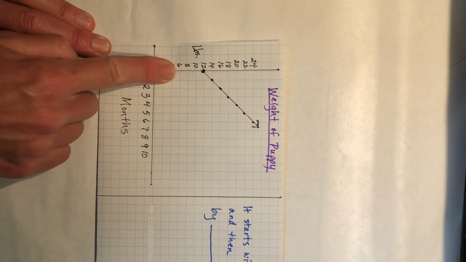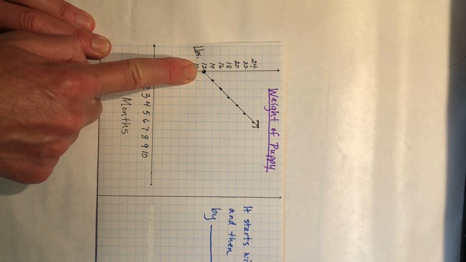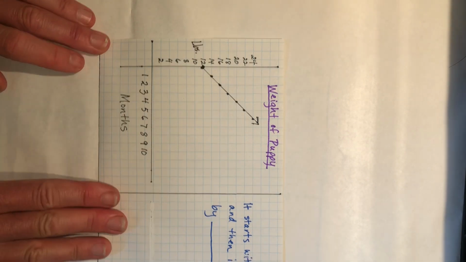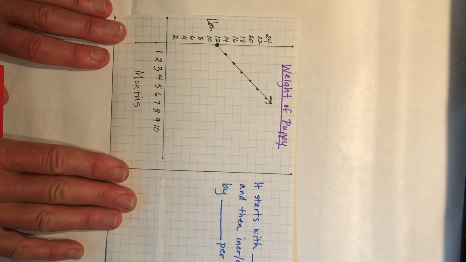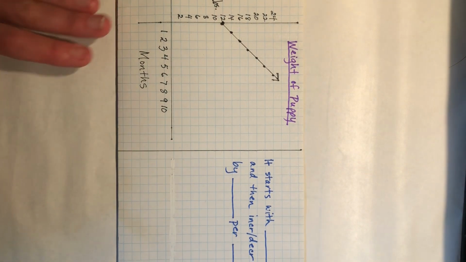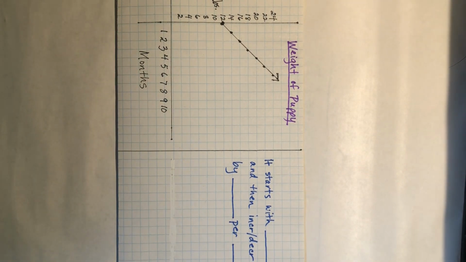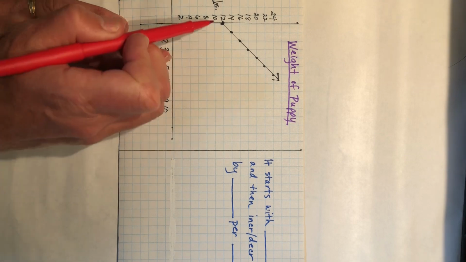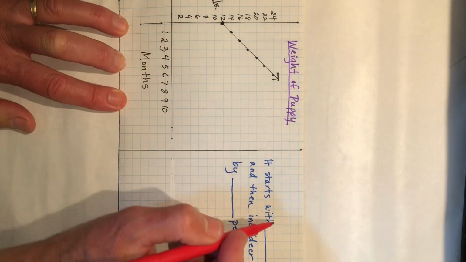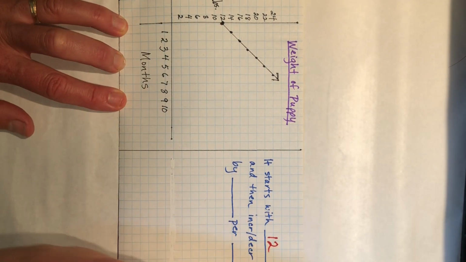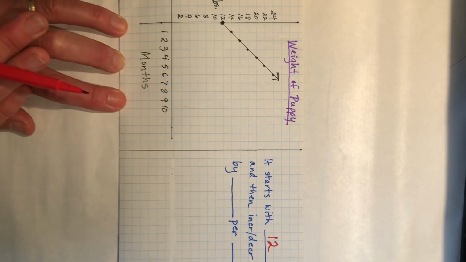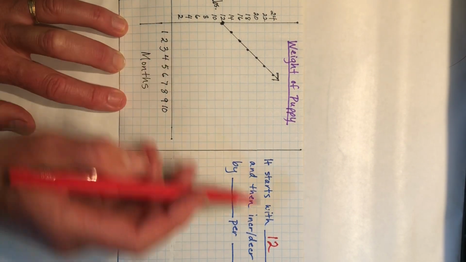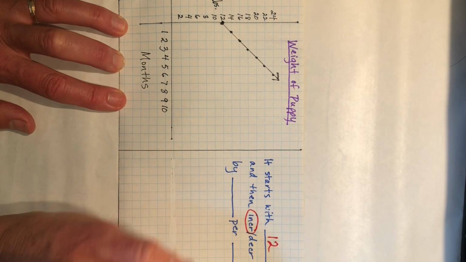This is the start number, right here, that 12. Let's fill that in over here. So if this is the start number right here, we know it starts with 12. And then, is this increasing or decreasing? Well, it's increasing because it's going up.